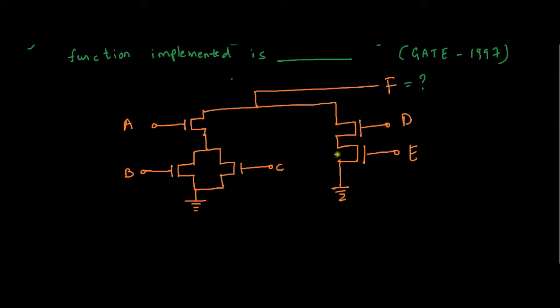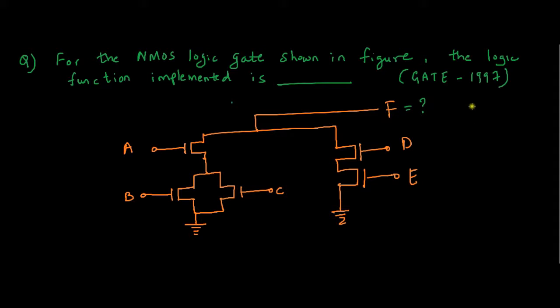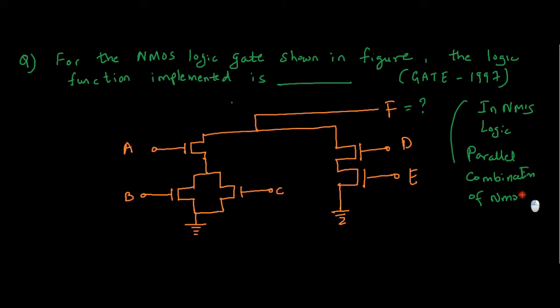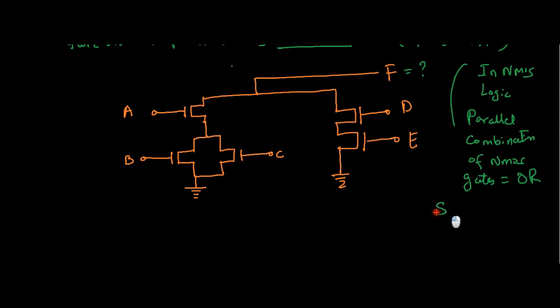In NMOS logic, the thing you need to remember is that the parallel combination of NMOS gates will give us the OR function, and the series combination of NMOS gates will give us AND.